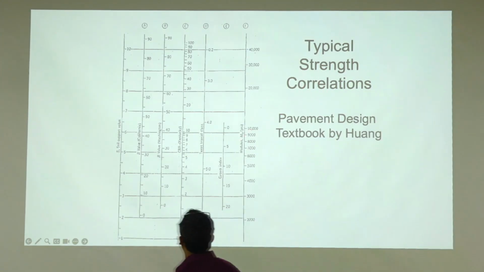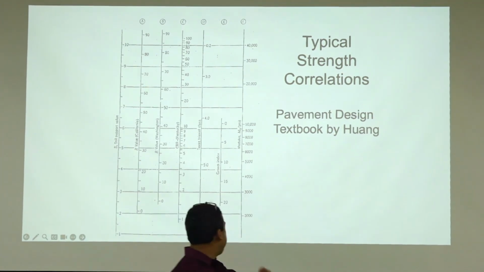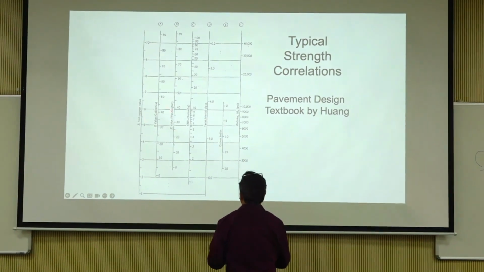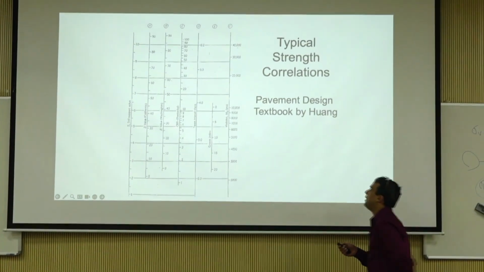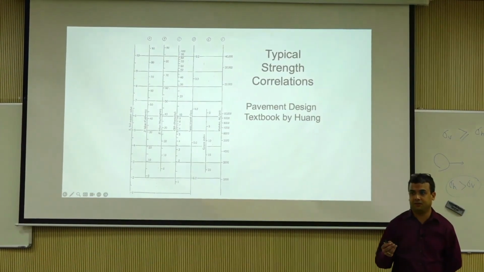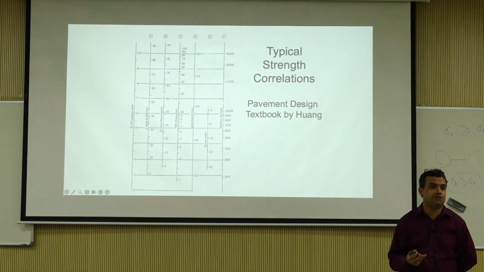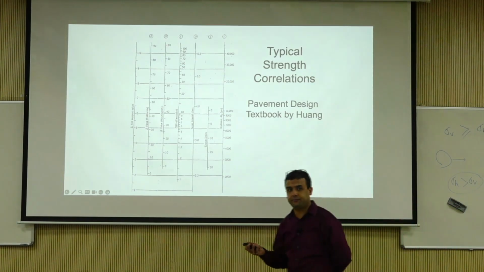Typical strength correlations, there are so many different strength values like CBR, there is beam stabilometer, there is DCP which we haven't gone into yet, there is Texas triaxial, there is unconfined compressive. People have developed empirical relations and stuff. Now how much you use it, again it all depends on what situation you are faced with.